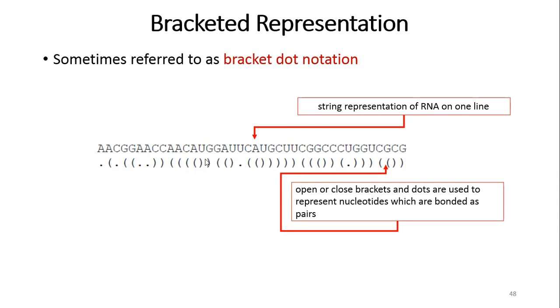These open and close brackets tell us which residue is getting paired with which residue. So, for example, if you consider this C is getting paired with this G. This G is getting paired with something else.